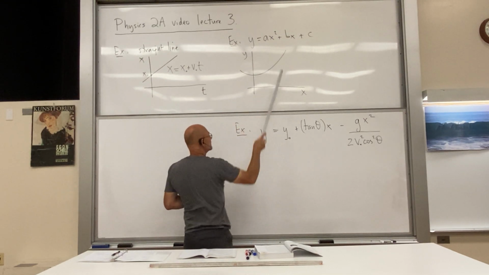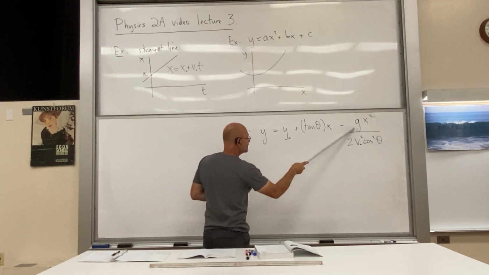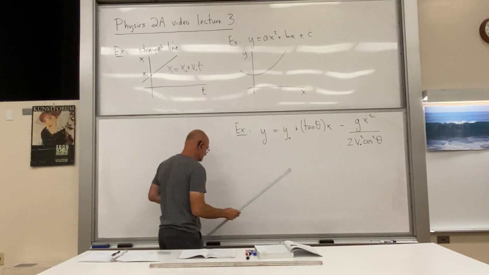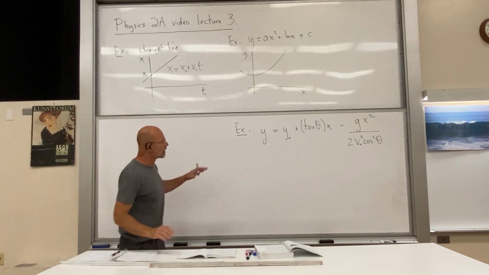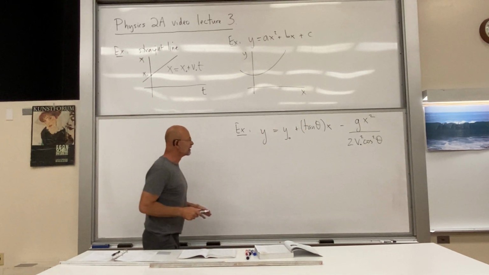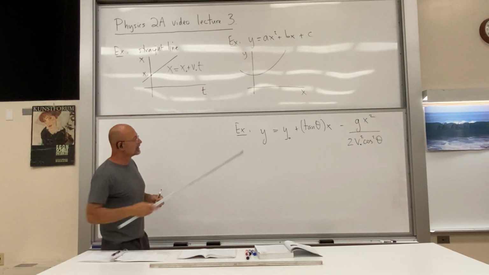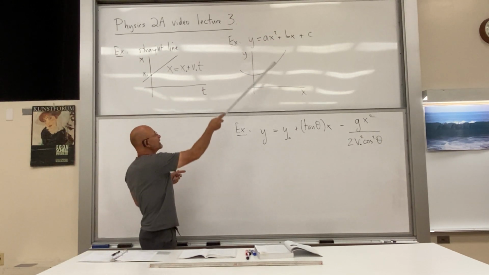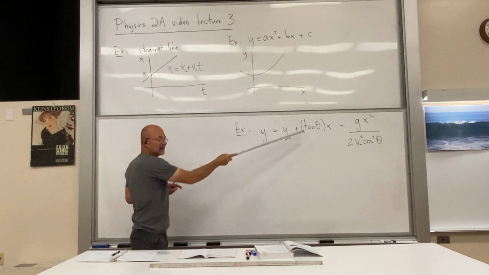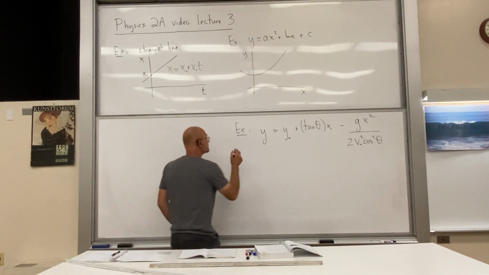The b here is tangent of theta, and the a is minus g over 2v0 squared cosine squared theta. So those are coefficients that have all kinds of physical meaning, and as you study physics, you learn to think of this thing just in the sense of this one, because this one you're not afraid of. This one is looking pretty impressive for the moment.